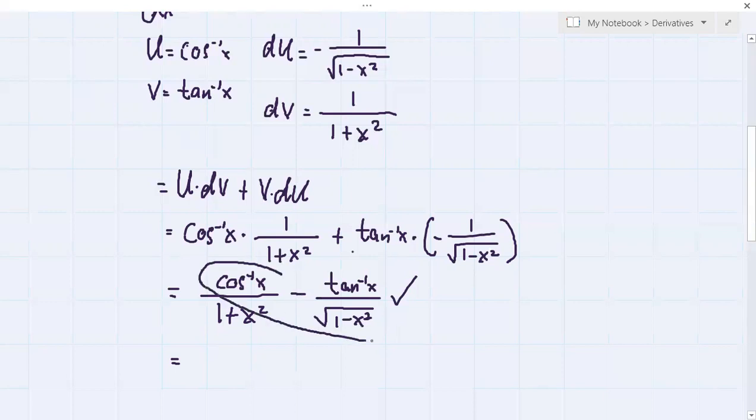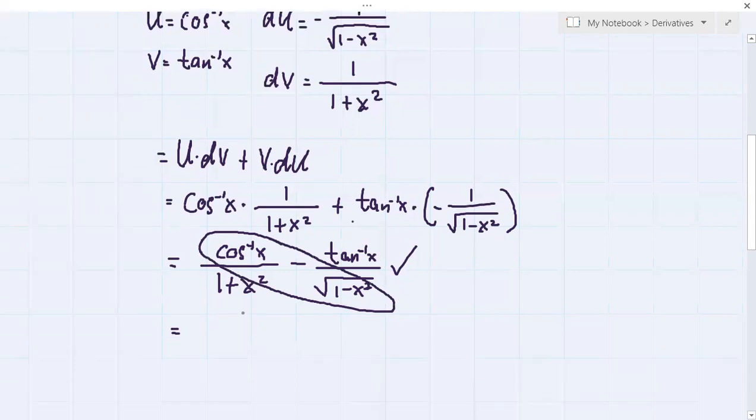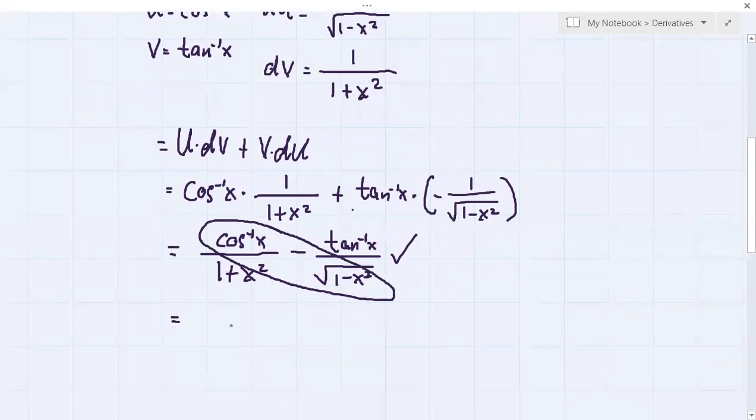So we will cross multiply. Let's multiply arc cosine at saka si square root of 1 minus x squared. So we will have arc cosine x times the square root of 1 minus x squared. The next, copy the operation between them, which is minus.